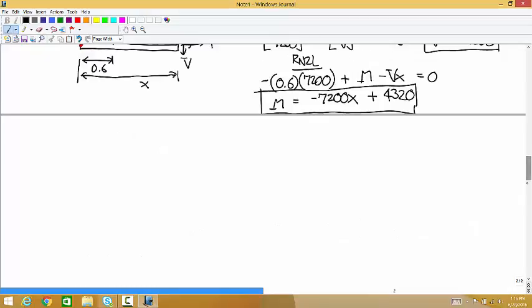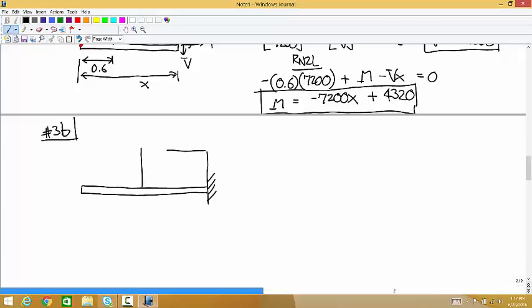Okay, so this one looks the same except the distributed load chunk is moved over to the other side. The value is 25,000 newtons per meter.